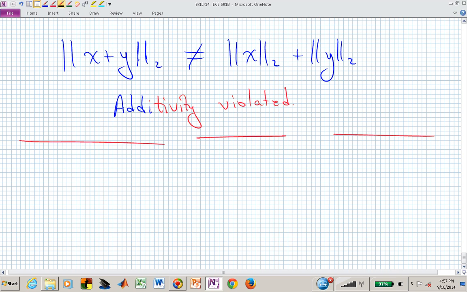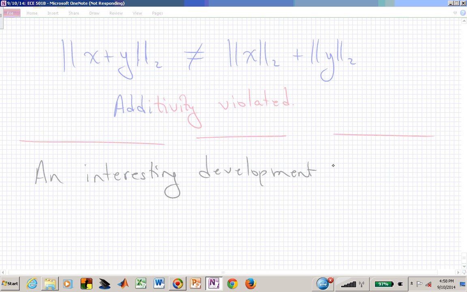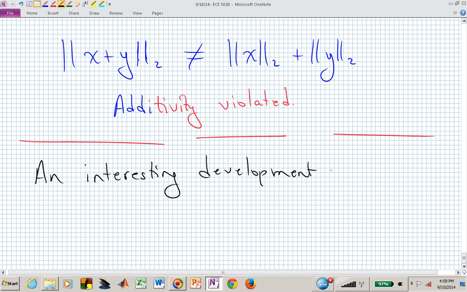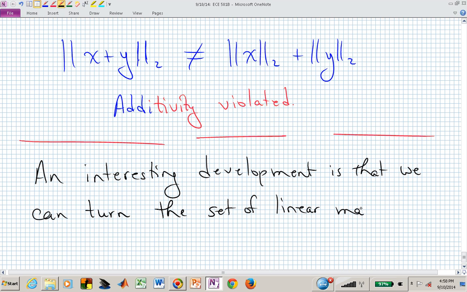But that aside, let's look at an interesting case. An interesting development is that we can turn the set of linear maps, which we are calling script L of, let's say, V, W, into a vector space itself.